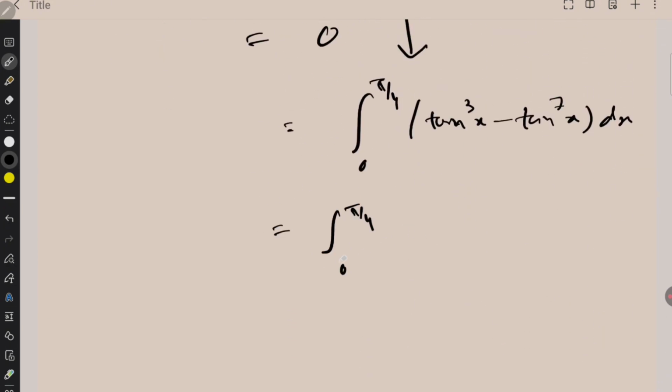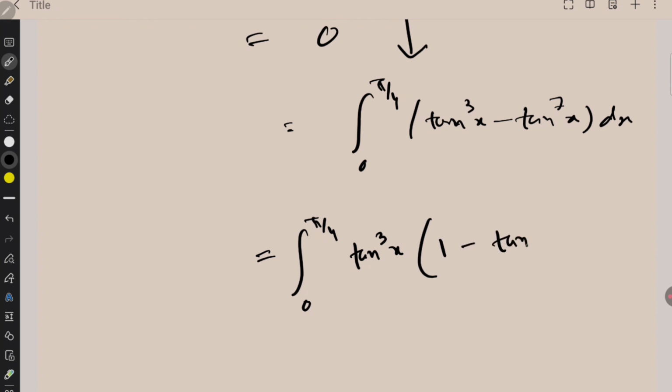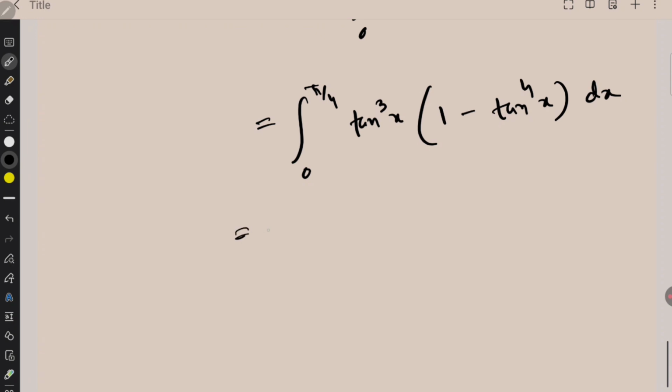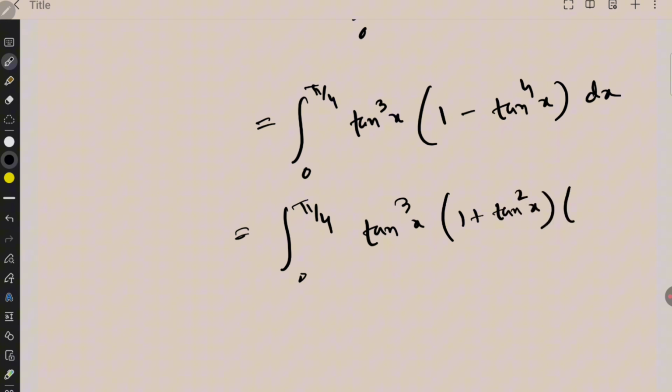Now if I take tan cube x as a common term, integral 0 to pi by 4 of tan cube x, I will get 1 minus tan to the power 4x dx. Now this is the same as integral 0 to pi by 4 of tan cube x times (1 plus tan squared x) times (1 minus tan squared x), right?